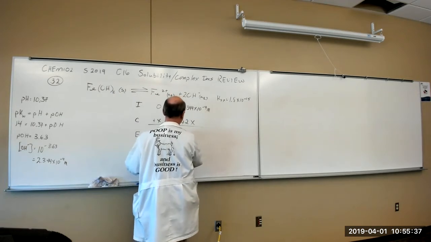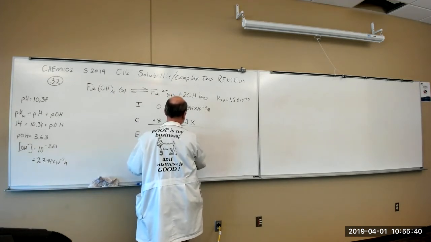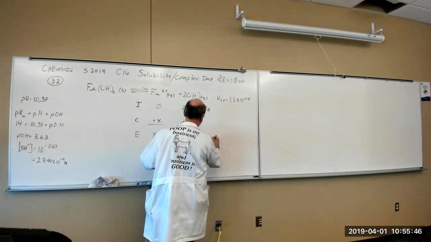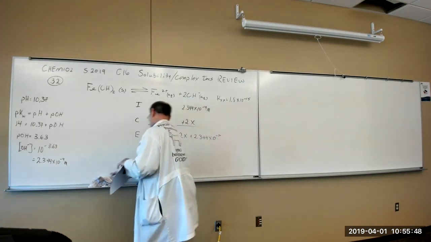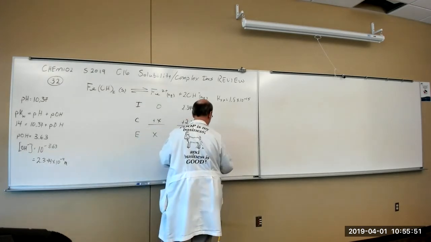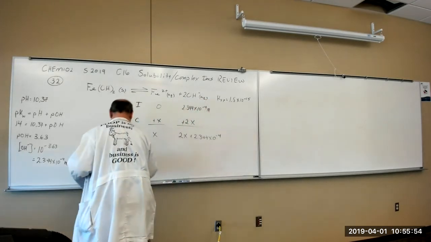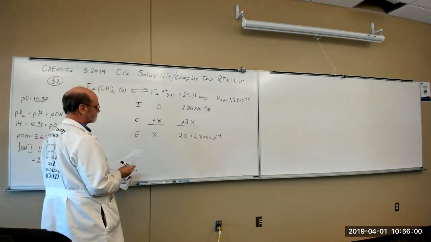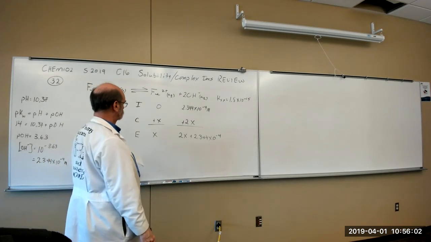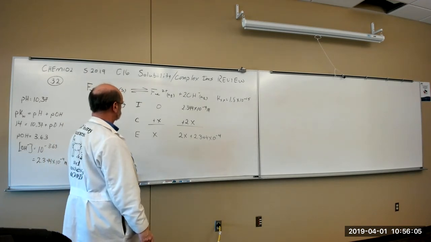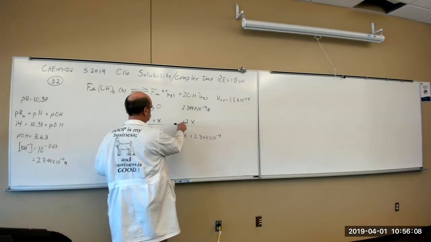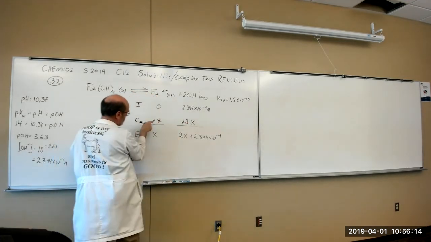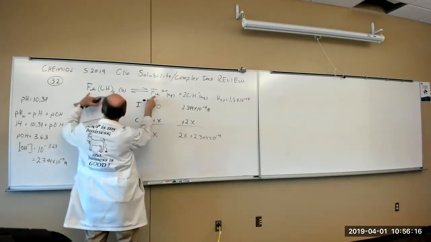So we put that under 2OH. The change is, if we dissolve some of this, it gives us this much of that because it's 1-to-1.